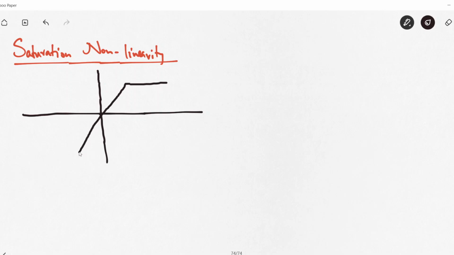Similarly, in the negative half in the third quadrant.